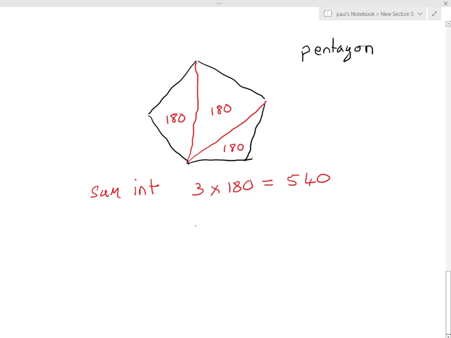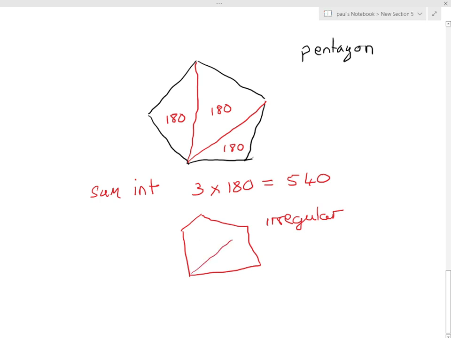Now this is great because this is the way, if you had 1, 2, 3, 4, 5, an irregular shape, you can't find the sum of the internal angles of an irregular shape by going the external, then the internal, and multiplying it by 5, because every angle is different.